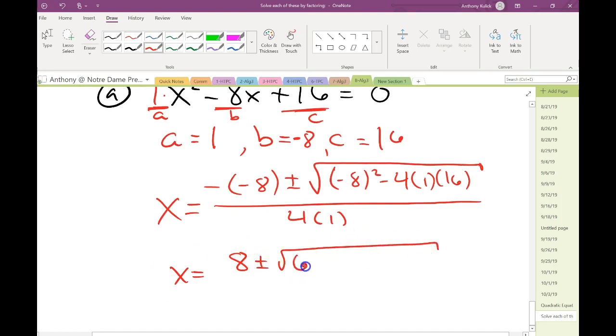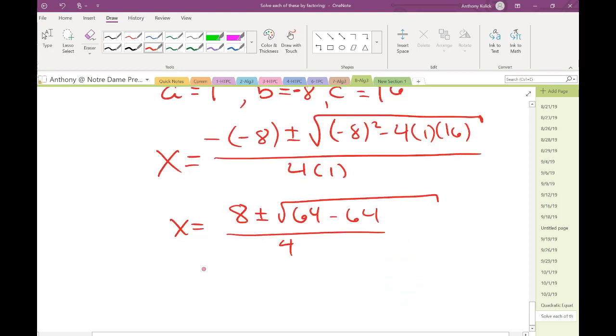Negative 8 times negative 8 is positive 64. Negative 4 times 1 is negative 4. And then times 16 is negative 64. And then 4 times 1 is 4. 64 minus 64 is 0.